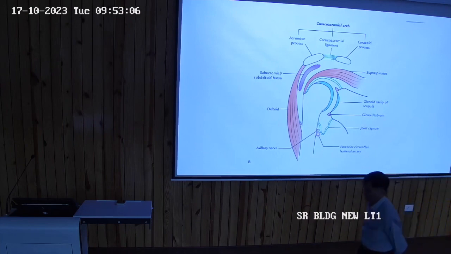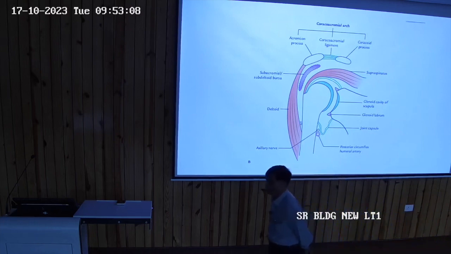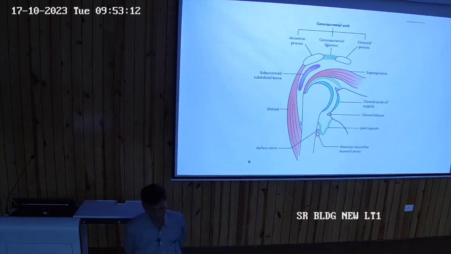So first stability is provided by the rotator cuff. Second, by the coracoacromial ligament. Third, long head of biceps. Last, glenoid labrum.